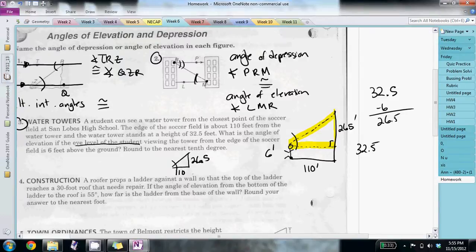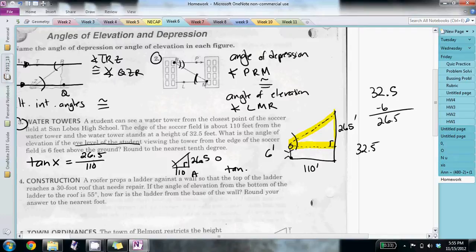And looks to me like we have adjacent and opposite sides of our right triangle. So I'm going to use tangent. Here's my ratio. Tangent of the angle we're looking for is equal to the opposite over the adjacent side. So the opposite is 26.5 feet, and the adjacent side is 110 feet.